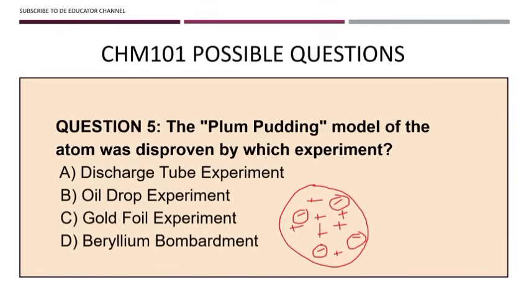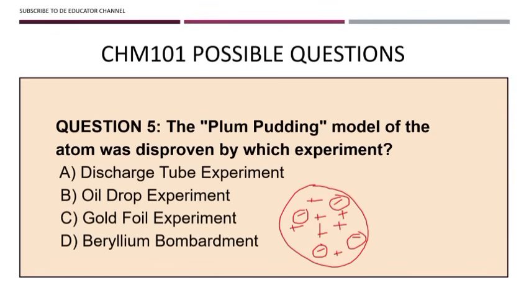But then Rutherford, remember we solved the question that Rutherford did alpha experiments, right? That experiment is known as the gold foil experiment. After he did that experiment, that's when he discovered that this plum pudding that this guy postulated is wrong, because his postulation shows that only two particles exist. But now I have discovered that for the alpha particles to penetrate and come out of the other side, it means that there is an empty space there, or a particle that is neutral.